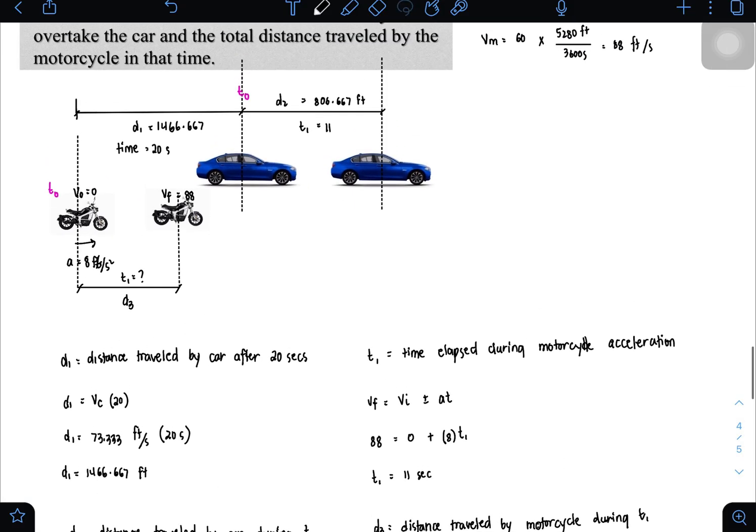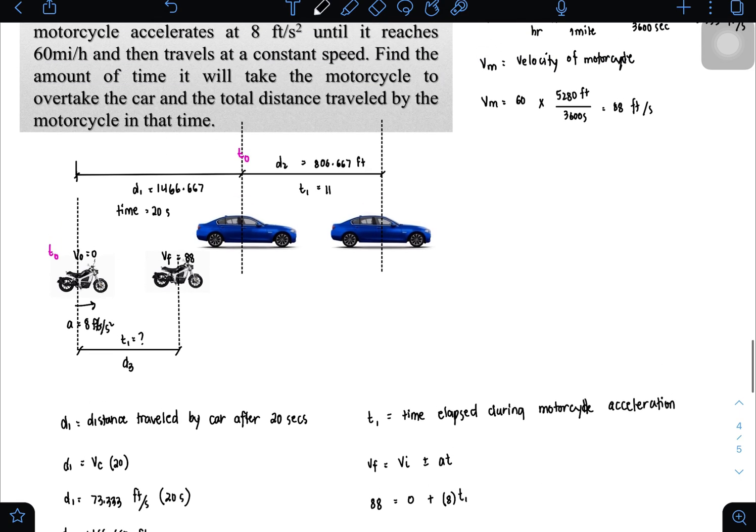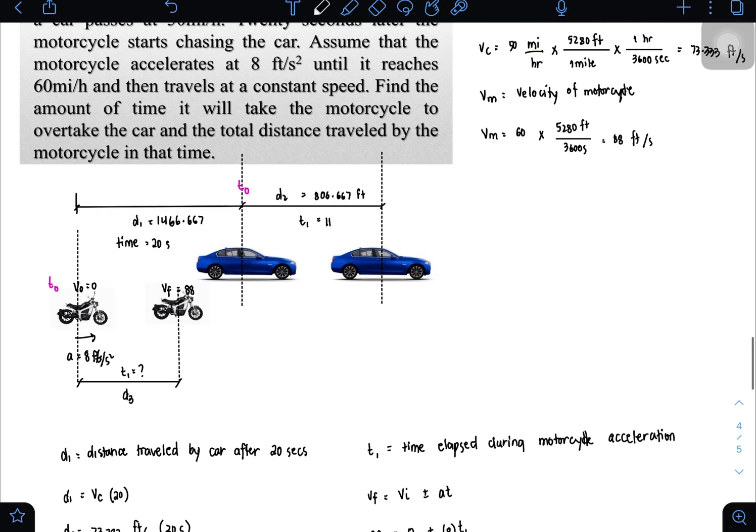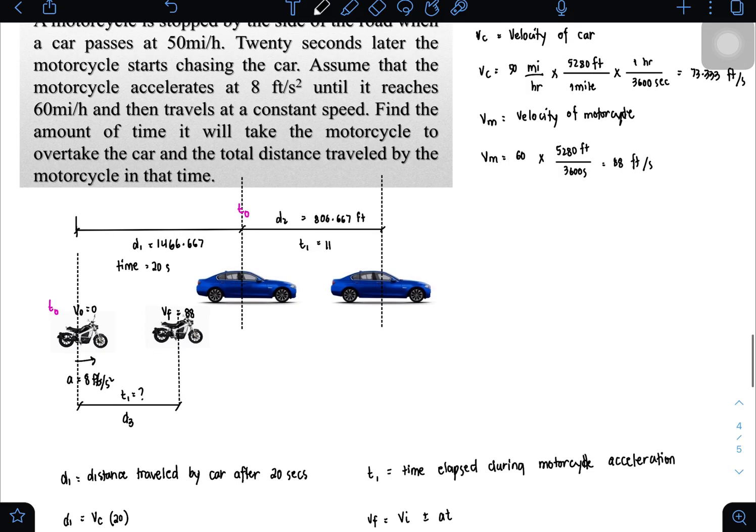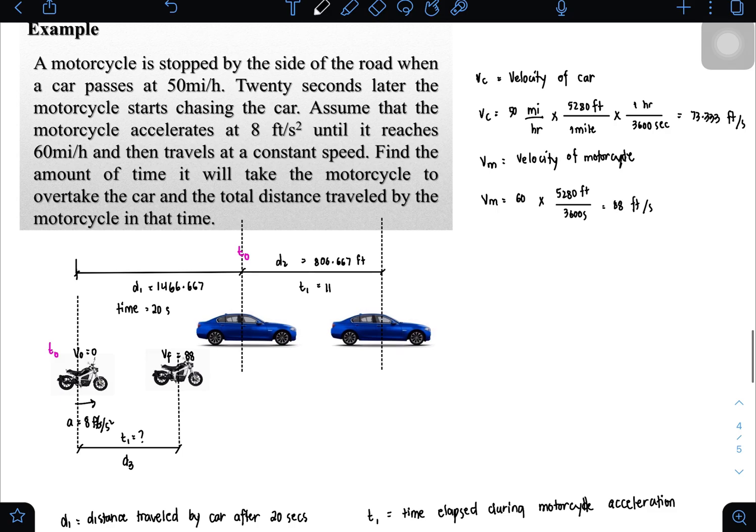So at a certain point, since the motorcycle attained 88 velocity, it would be a constant velocity until it overtakes the car. Didn't it say? 20 seconds later, the motorcycle starts chasing the car.